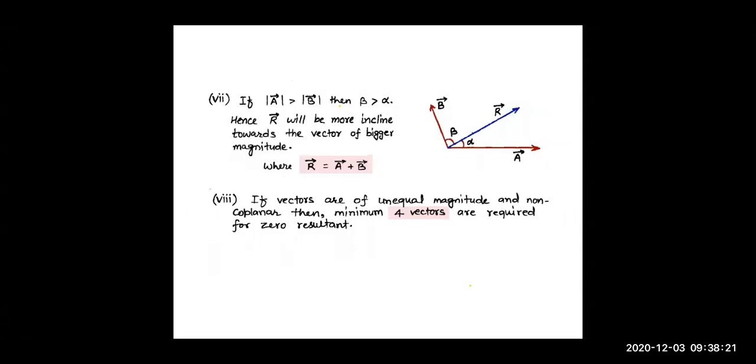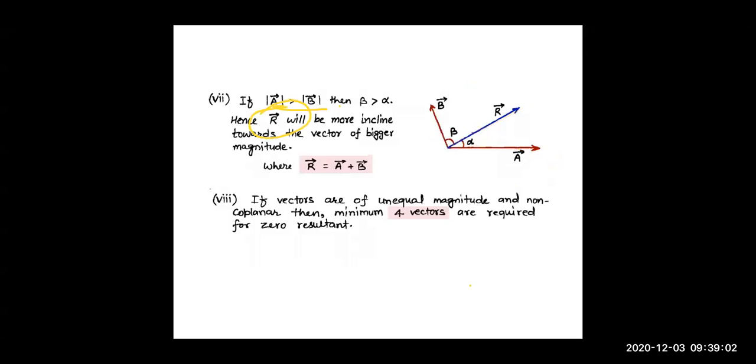Next, suppose you are having 2 vectors here, this is vector A and vector B. The magnitude of vector A is greater than the magnitude of vector B. As you can see, A's magnitude is greater as compared to B, right children? So the resultant vector R would be inclined towards the bigger magnitude vector, right? The resultant will be tilted, inclined more towards the vector which is having bigger magnitude.